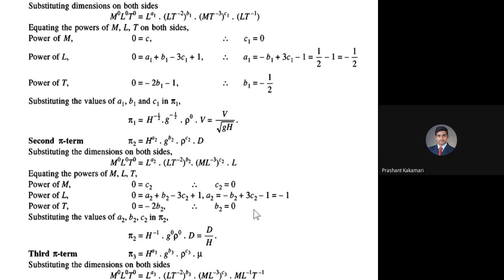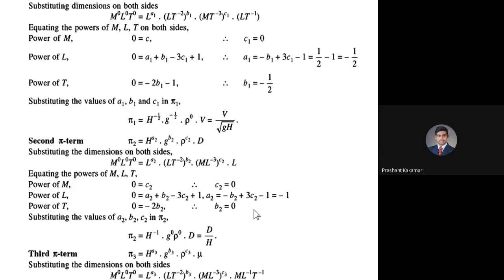Next power with respect to T is minus 3 C1. Sorry, it is M raised to minus 3, so I'll neglect it. We are left with LT raised to minus 1, the last term. That minus 1 I'll consider with minus 2 B1. So 0 equals minus 2 B1 minus 1, and B1 I can find as minus half.